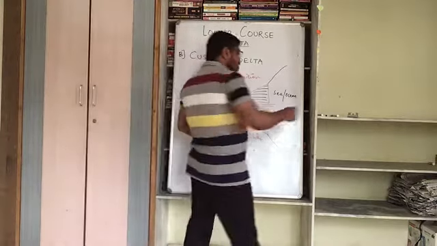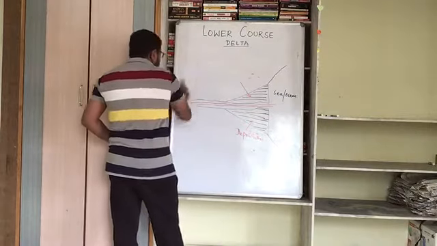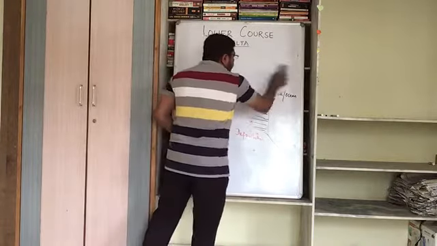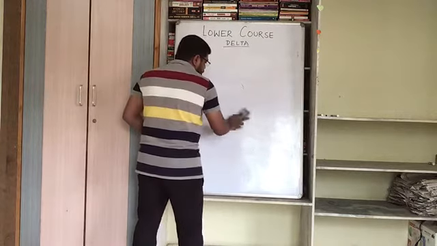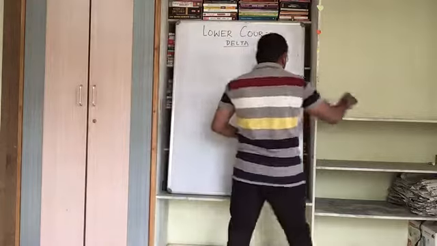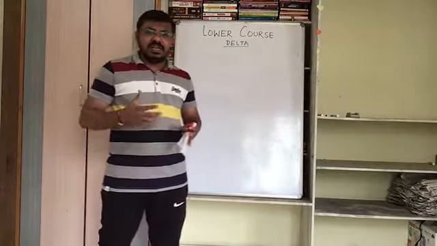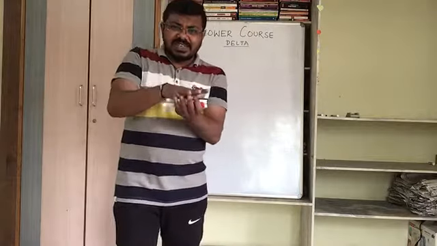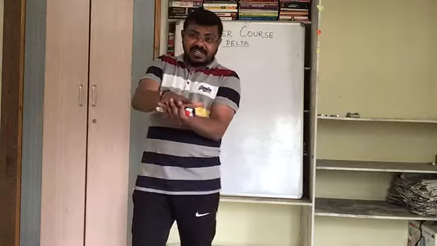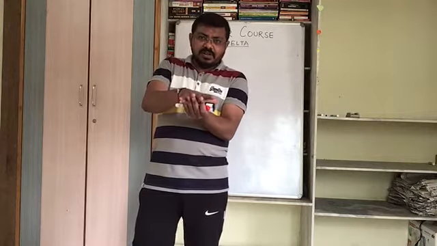And the third is also a rare feature. The third type of delta is known as bird foot delta. You know how the foot of a bird looks. So it also resembles the same kind of feature, like when a bird keeps its feet onto the land, what will be the impression of those feet on the land.